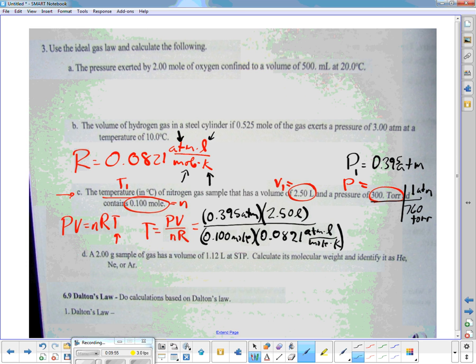Now that bottom one I need to remember needs to be in a big parenthesis when I hit the divide sign. Canceling out the units, atmospheres go, liters go, moles go. I've got 1 over 1 over Kelvin, which will give me Kelvin, so let's get that far.